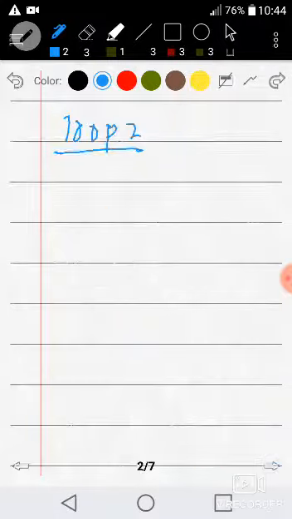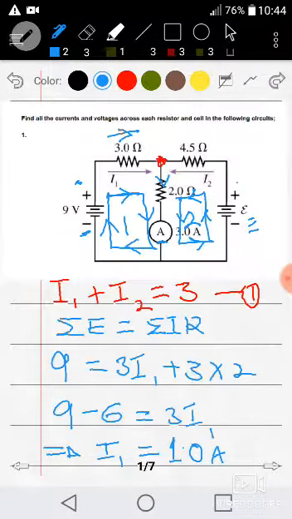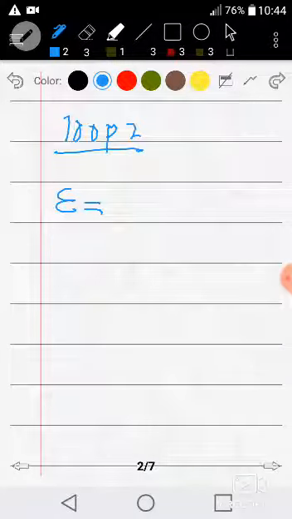So the total EMF epsilon should be equal to, there is only one EMF, there's no other EMF. Then when you look at the current I2, it is moving to the left, and the loop is also moving to the left, meaning that I2 is positive. So we shall have 4.5 I2.